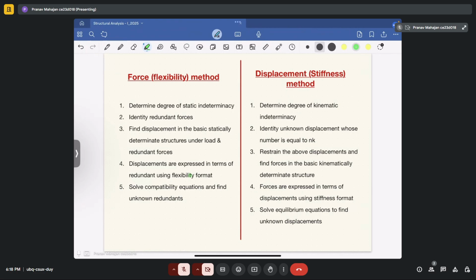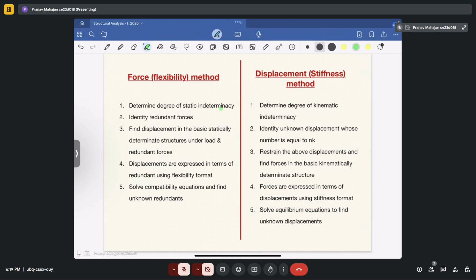In another sense, you can say the force or flexibility method is just an inverse of the stiffness method. In the force method, you will first find the static indeterminacy, which is the consideration of the forces.